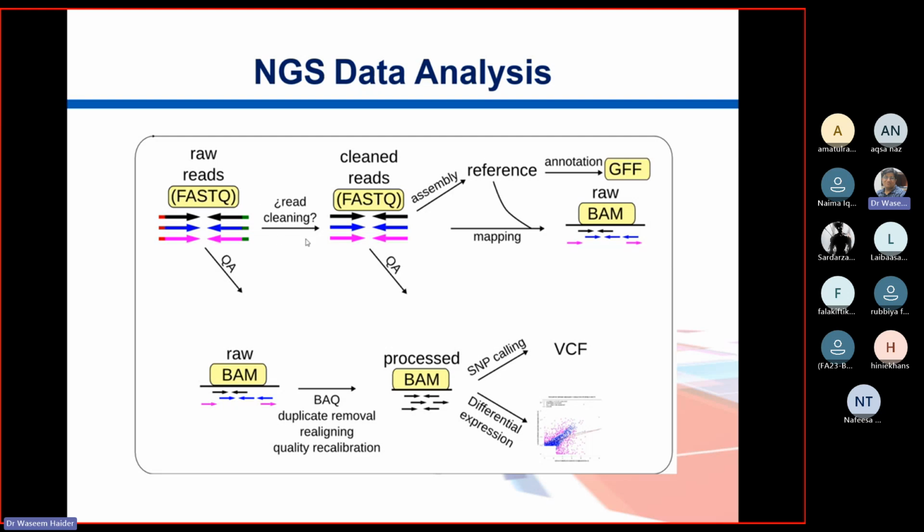So far we are familiar with FASTQ, and when we talk about annotations after those genome assemblies, we will also see this GFF format. If a reference already exists, what we do is we take these clean reads that have gone through QA steps, and we map them to the reference. This thing is called mapping or alignment, right?